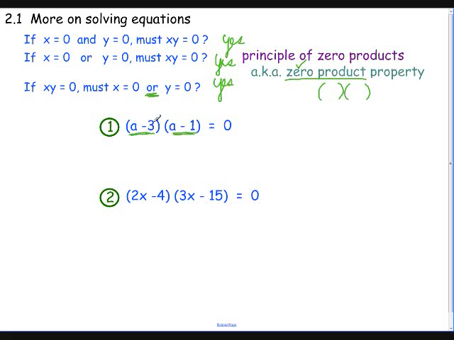We know that either this or this must be equal to 0 for their product to be equal to 0. So here's where we make what I like to call the mini equations. We take these factors, a minus 3 and a minus 1, and we set them equal to 0.